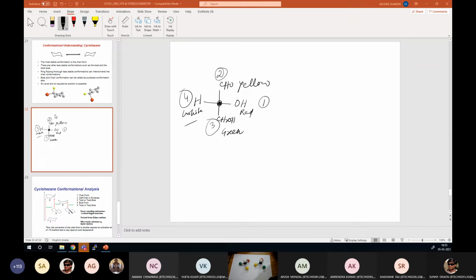Is it possible by any kind of rotation or translation? Is my question clear to you all? You have an A molecule and a B molecule. By any way, rotation or translation, can we convert A to B?